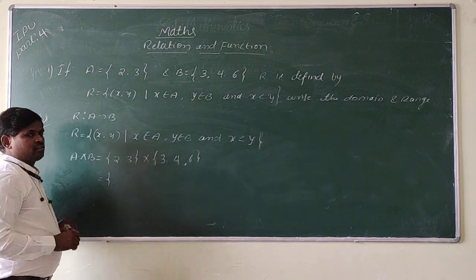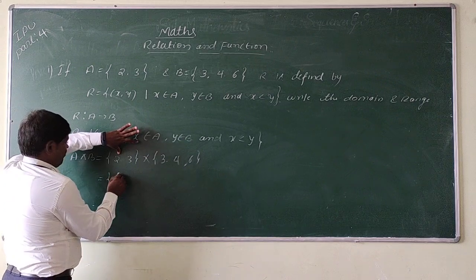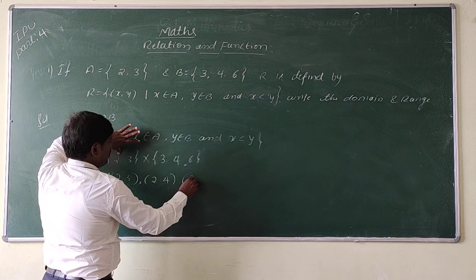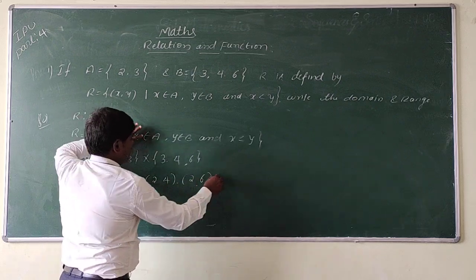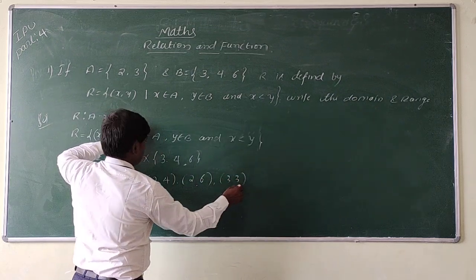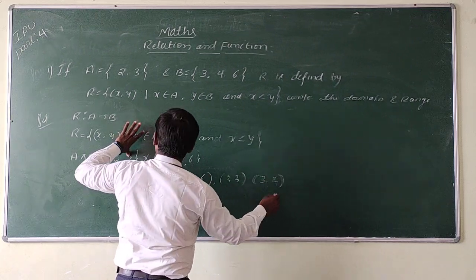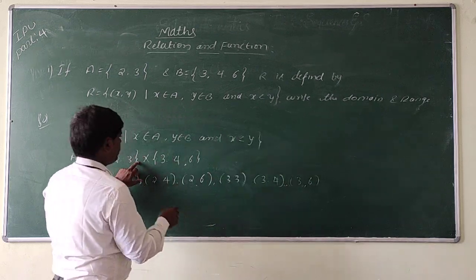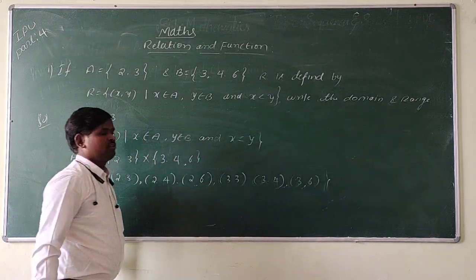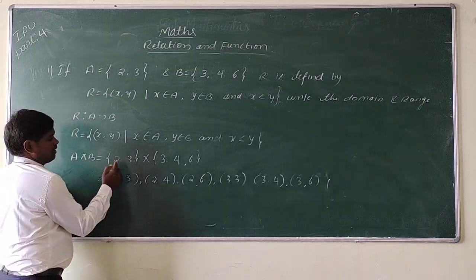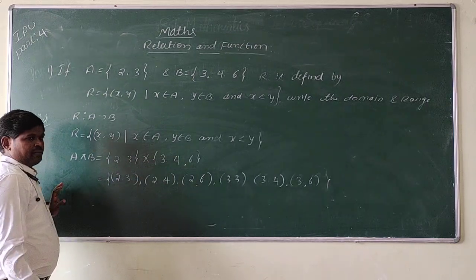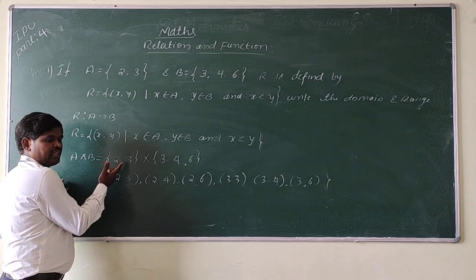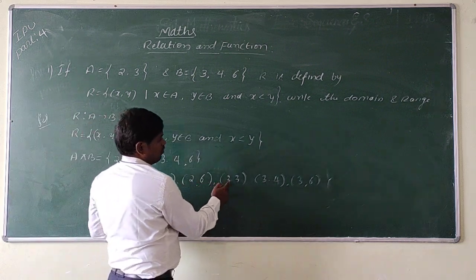So A cross B is {(2, 3), (2, 4), (2, 6), (3, 3), (3, 4), (3, 6)}. Here A has 2 elements and B has 3 elements, therefore the number of elements in A cross B is m times n, which equals 6.